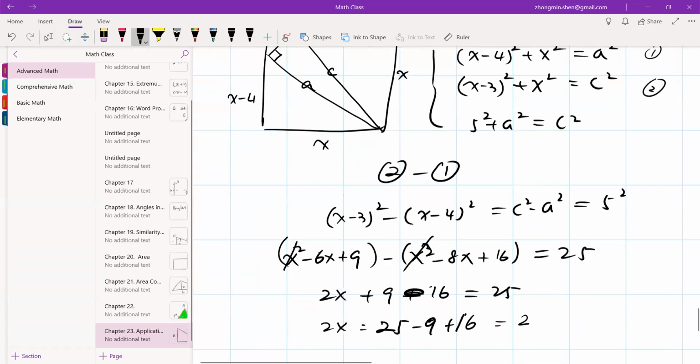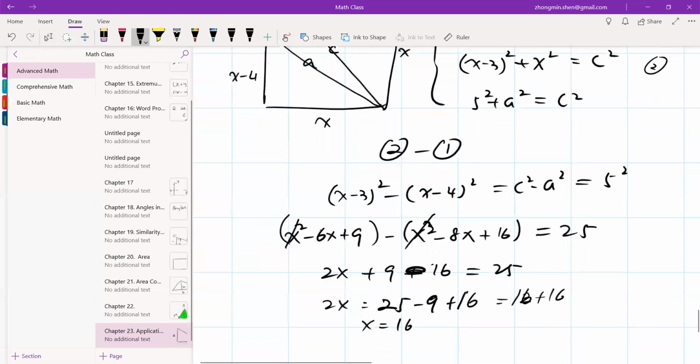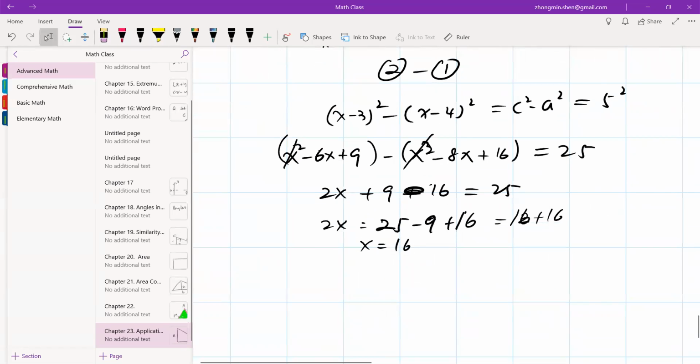It's going to be 16 plus 16. So x is going to be 16. So x is 16. Then you solve the problem, right? You can determine the dimension. Yeah, x is 16.